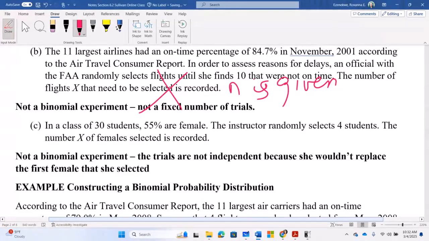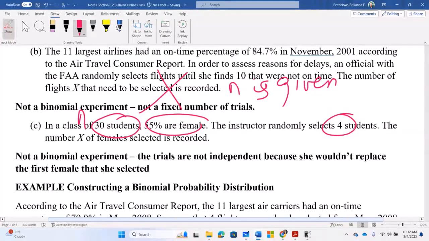C, in a class of 30 students, 55% are females. You see, sample size is given here, and we are given the probability of success. The instructor randomly selected 4. The number X of females selected is recorded. That is not a binomial experiment.